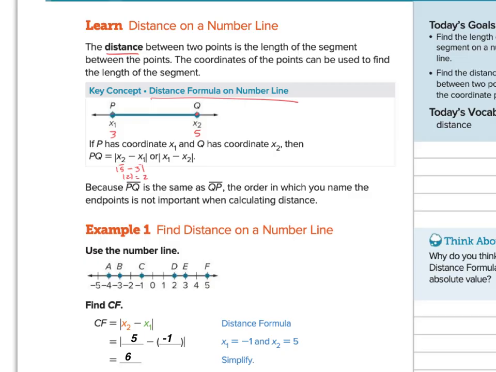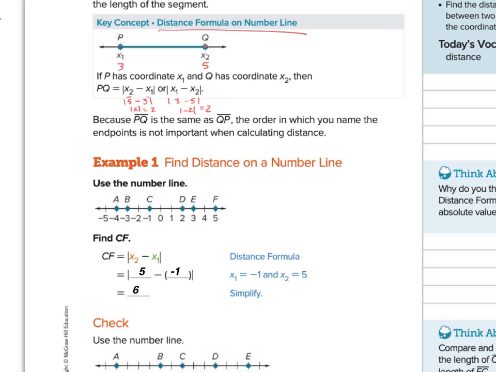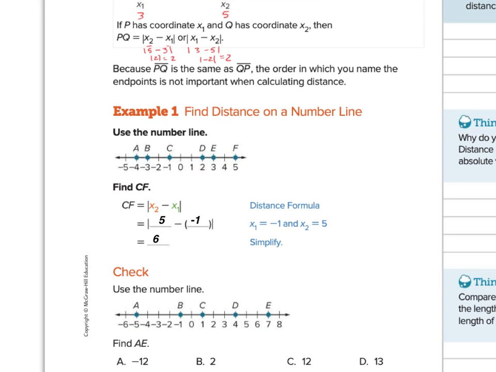Conversely, if I said the absolute value of 3 minus 5, because the order switched, that would be the absolute value of -2. Well, -2 is also 2 away from 0. So either order isn't going to matter in this formula as long as you make sure that you use the absolute value.